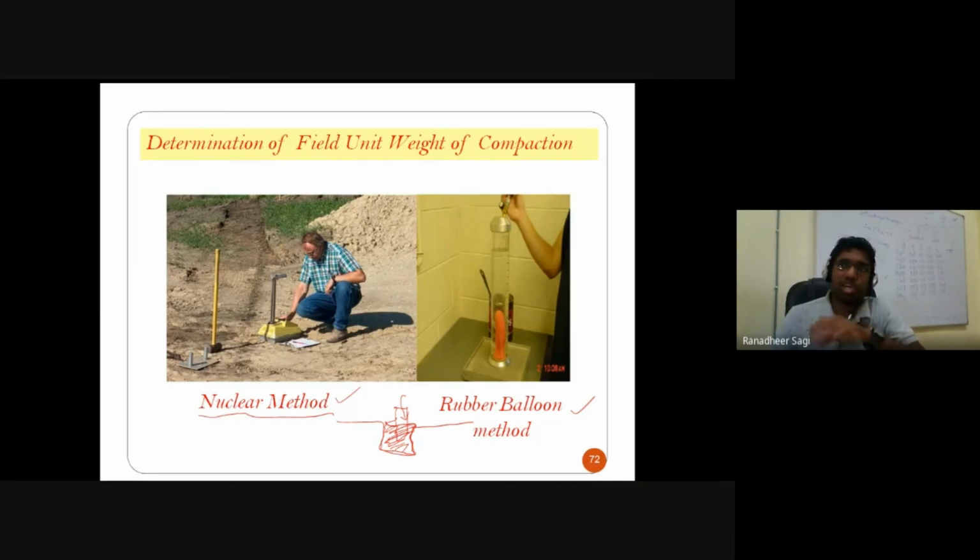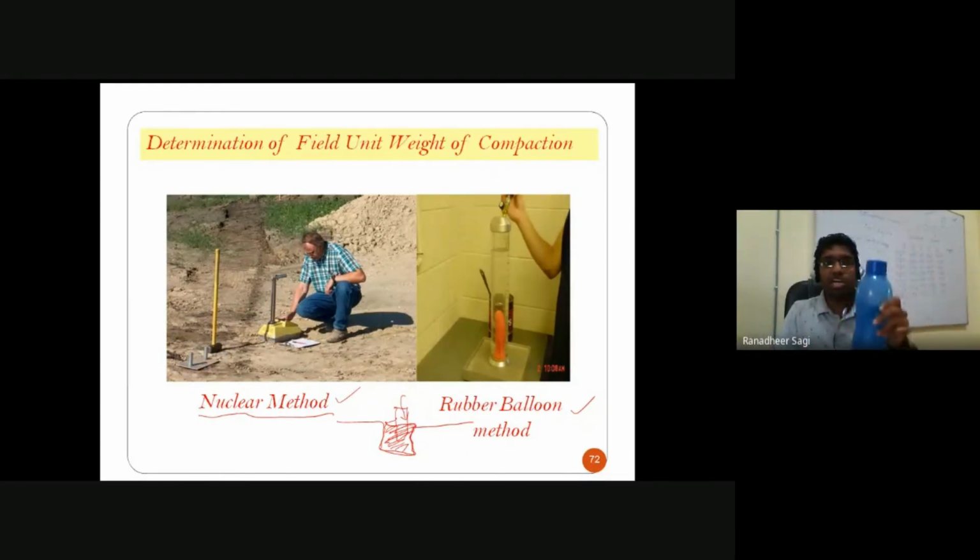So it depends on soil condition also, because the core cutter method cannot be used in gravelly soil deposits or coarse grain soil deposits to a greater extent. Why? Because whenever you try to push the core cutter mold into the ground, if coarse grain gravelly particles come in contact with the mold as it is being pushed, all possibilities are that the mold's bottom gets damaged, and the gravel may not allow the mold to penetrate easily into the ground.